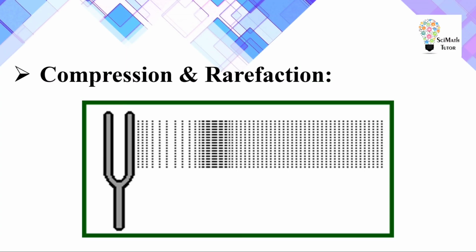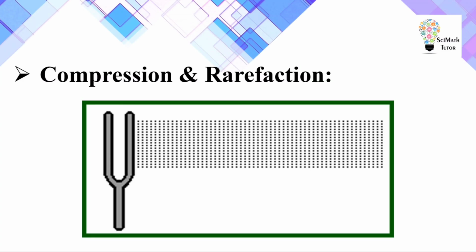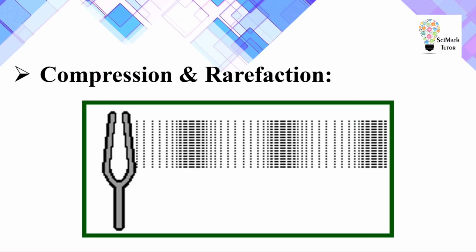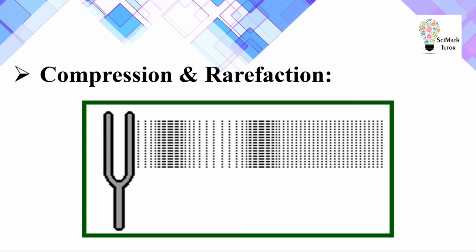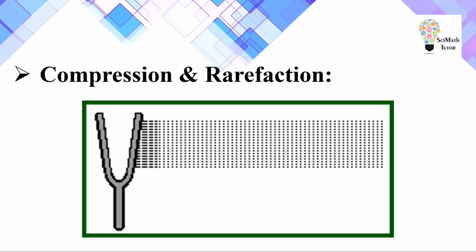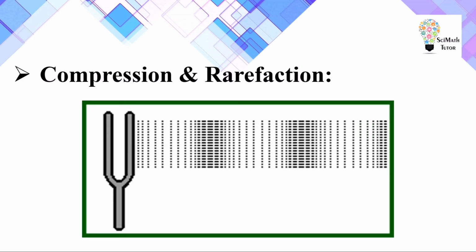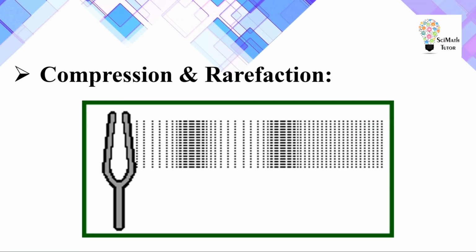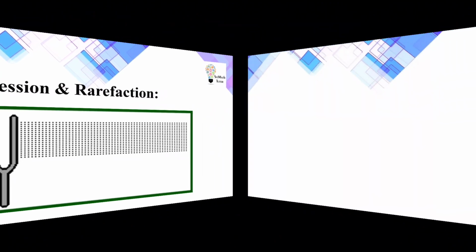As the prongs then move inward from their usual position, the air surrounding the prongs expands. This produces a low pressure region next to the prongs. The high pressure regions are known as compressions and the low pressure regions are known as rarefactions.